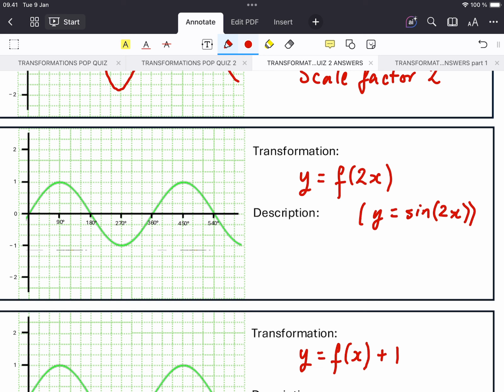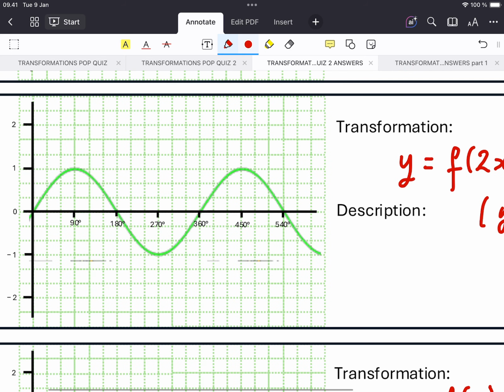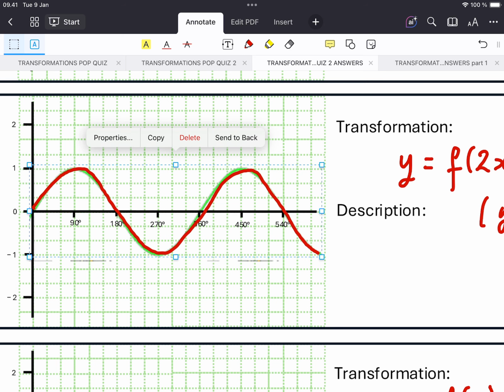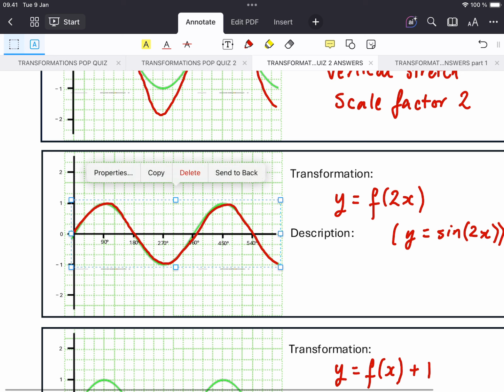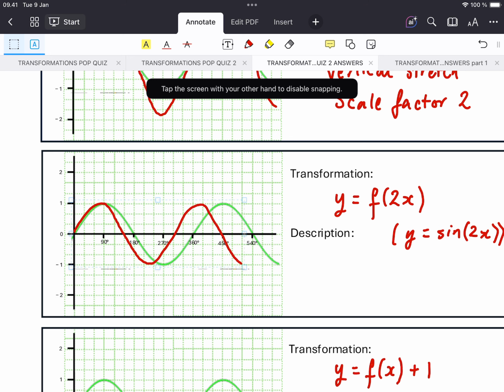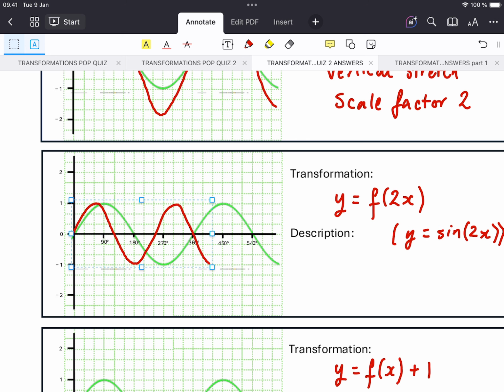But what you need to remember about these generally is if you're doing something to the x first, let me just trace out the original again, then it has a horizontal effect on the graph, and what it does might be counterintuitive to what you were expecting. It actually squashes it up so it's half as big as it was in the horizontal sense.